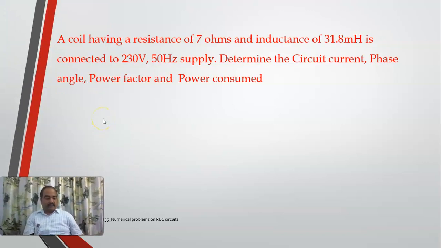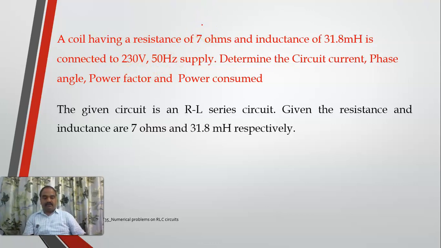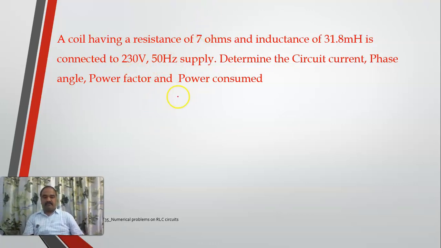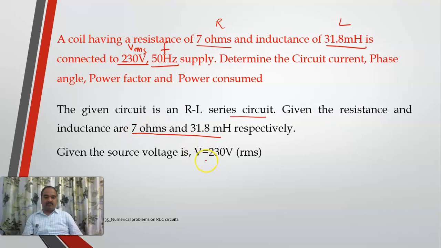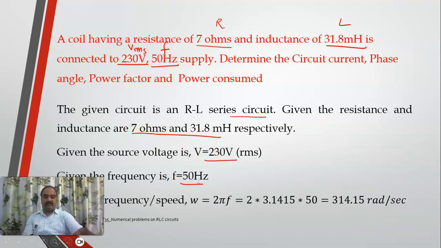If you see, I have already drawn the circuit. So this is R, this is L, this is voltage RMS, and this is my frequency. So given the terms, it is an RL series circuit, and the resistance and inductance are given, and the source voltage and the frequency are given.